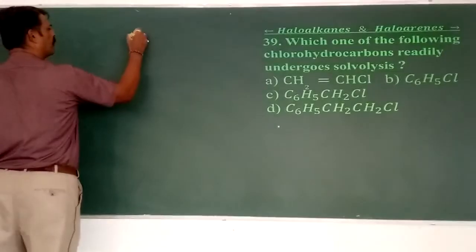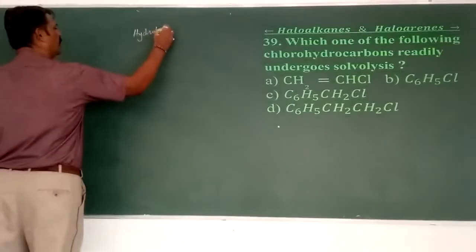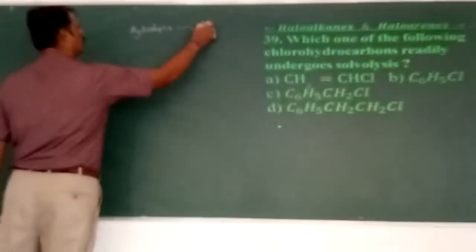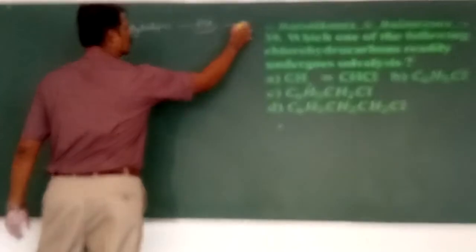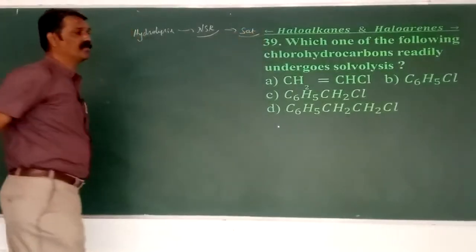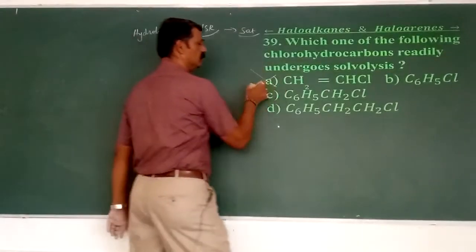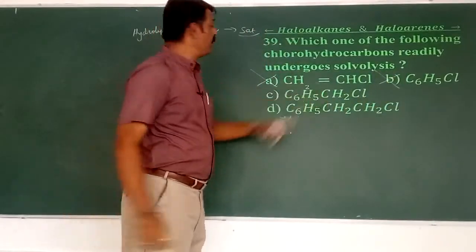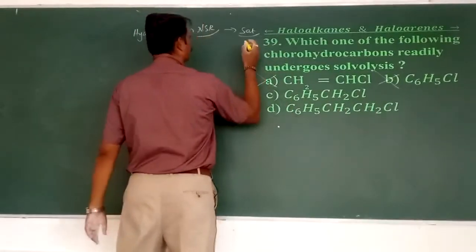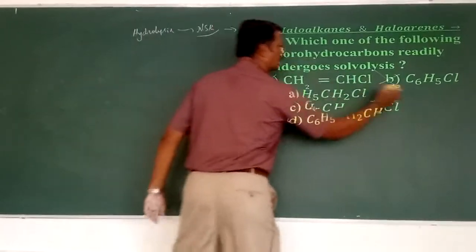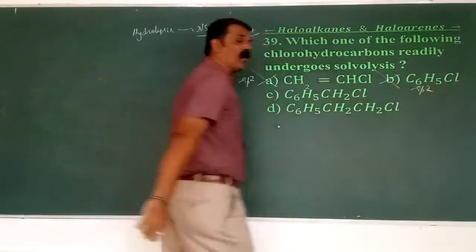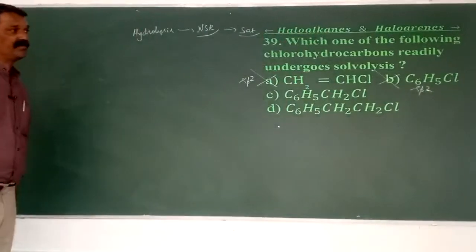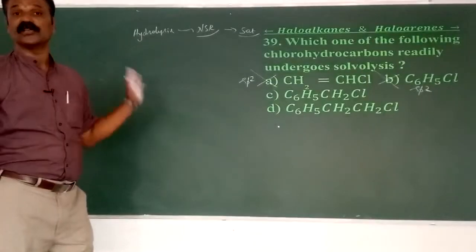Hydrolysis is indirectly SN, which is in case of saturated carbon. This is alkenyl, meaning it is sp2, and this is also sp2. sp2 means it doesn't undergo hydrolysis.